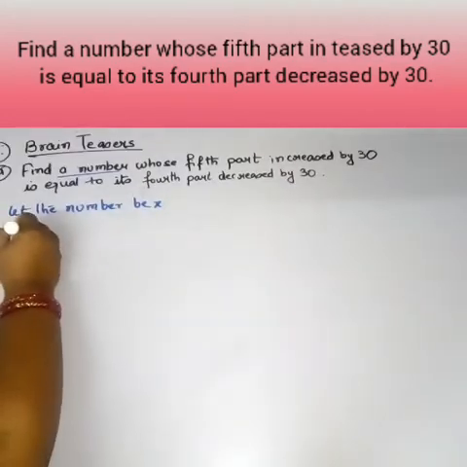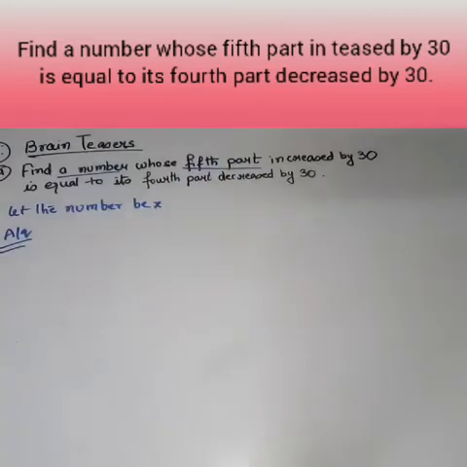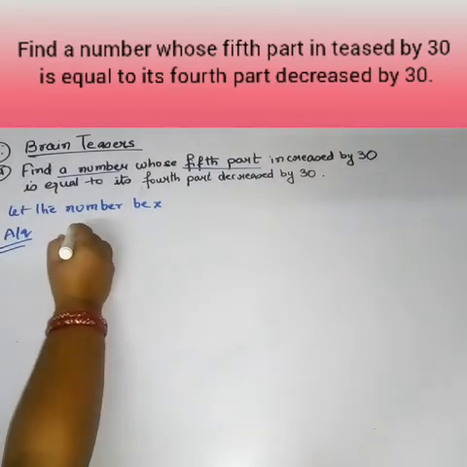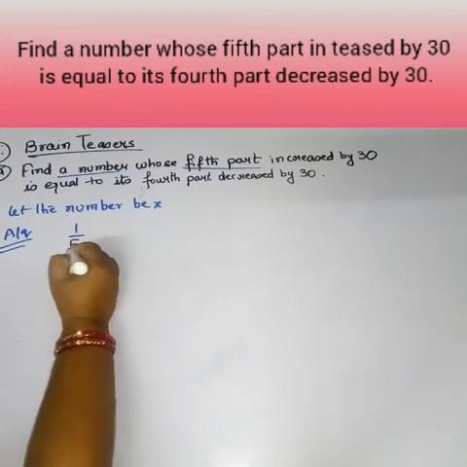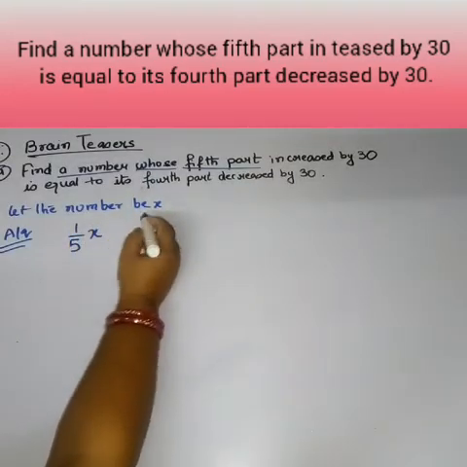Now, according to the question, whose fifth part means 1 by 5, and whose is x, because we have taken a number.